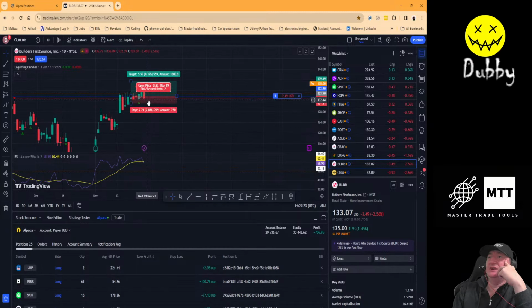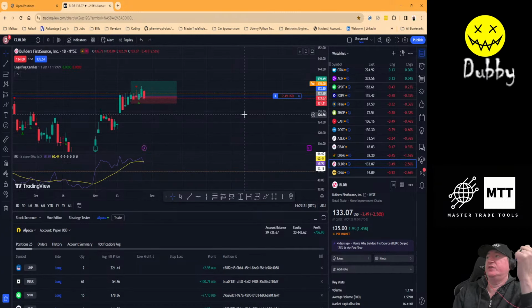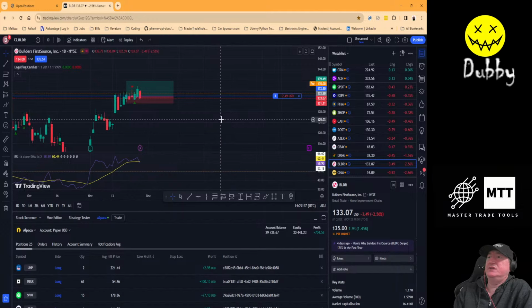But then I take into account the fact that it was $133.07 a share at market close yesterday. Now we're sitting at 135 with pre-market movement, and that shows about a dollar 93 of pre-market movement in the bullish direction.